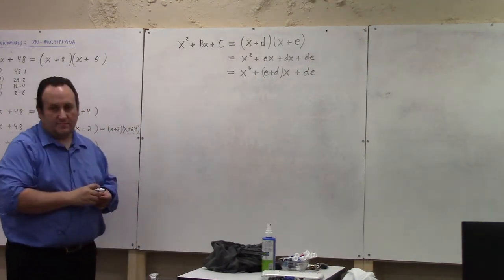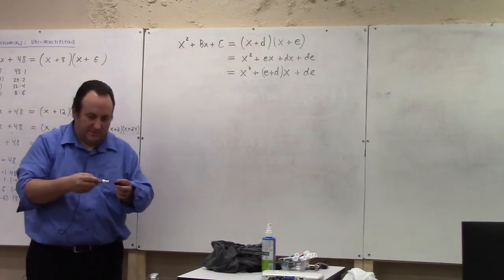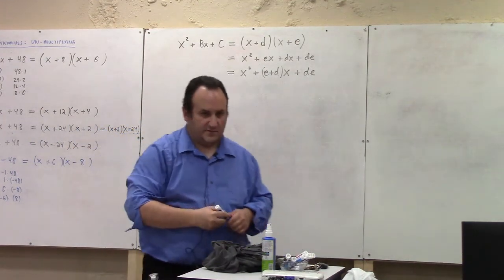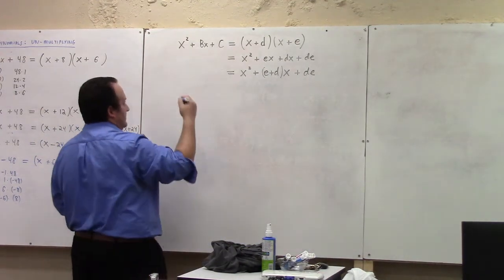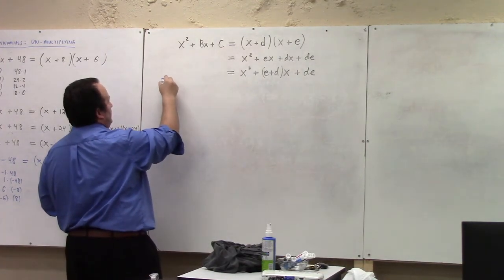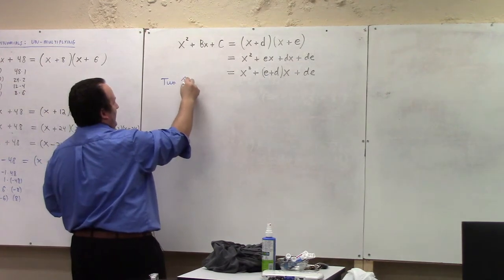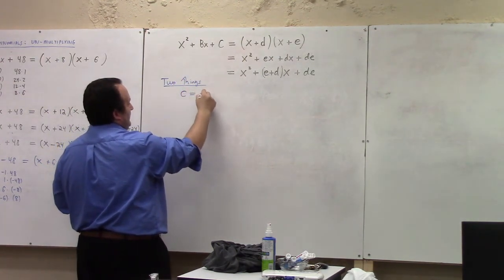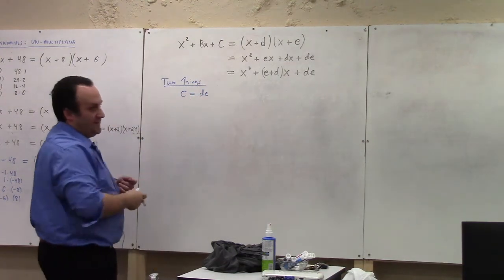And so this is why we have these two pieces of advice. One of which I gave you, and the other which Olivia was championing, is that two things we need to look for, right? One is that C is equal to D times E. I keep harping on that.